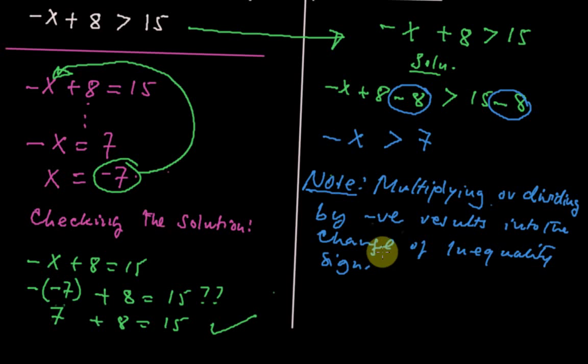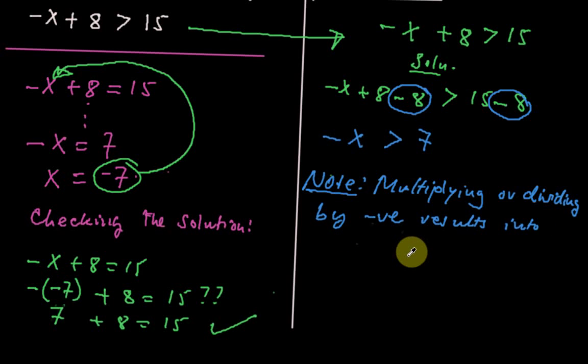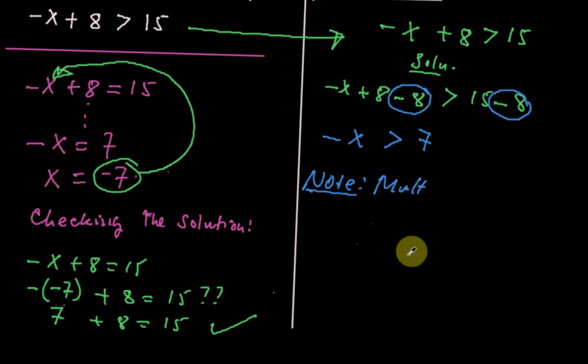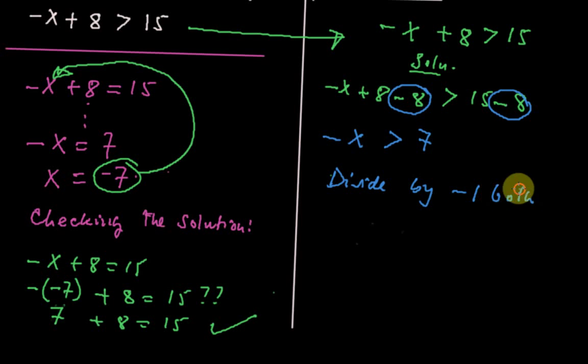Now I will not believe this for the first time, so I'm going to rub this. I don't believe it, and now we'll see what happens. Let us go similarly. Now we divide by -1 on both sides, right?